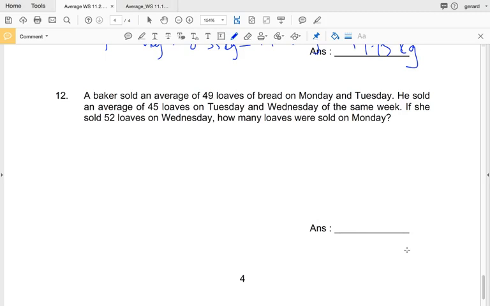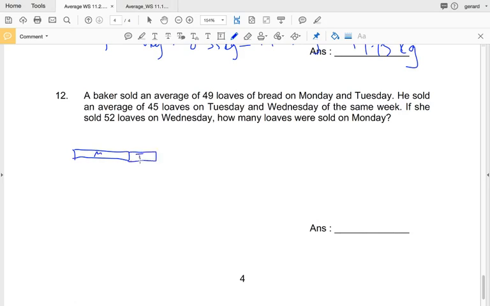Now, please watch how I draw my model carefully, because if you draw it wrongly, it's going to be hard to understand. We're going to use a model to represent this. We've got Monday, M for Monday, and then we draw Tuesday, so maybe something smaller.